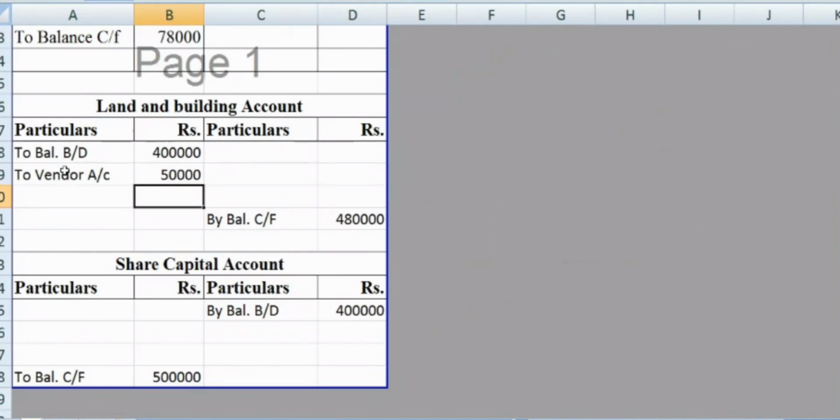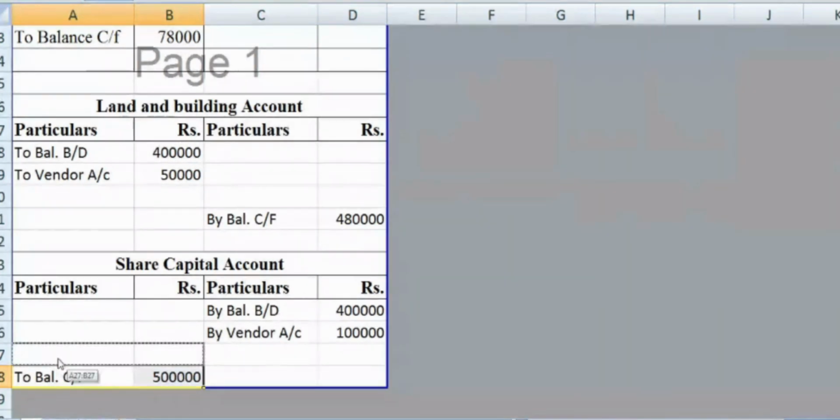We are not preparing the stock account here, but when we put the entries of stock in the working capital adjustment, at that time we will consider that 50,000. And on the credit side, by vendor account, you issue them equity shares of rupees 1 lakh for purchasing land and building of 50,000 and stock of 50,000. Right? So this is the position.